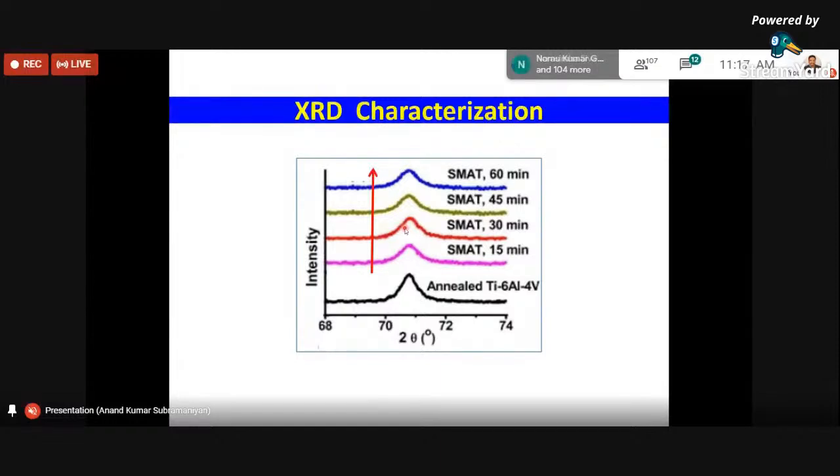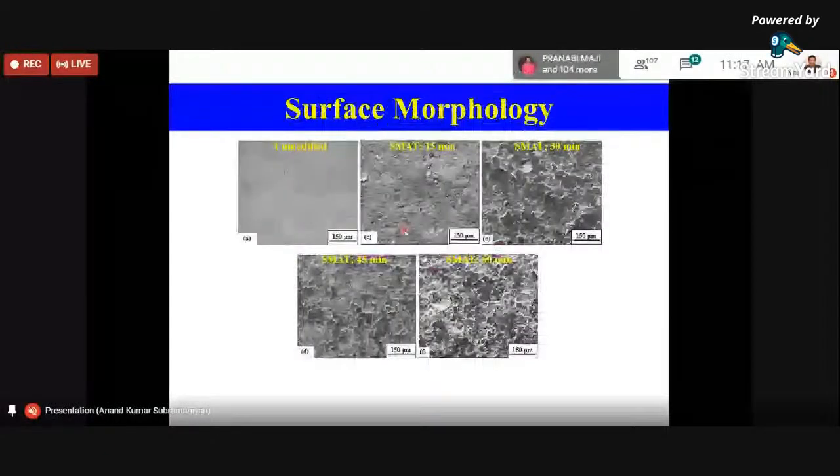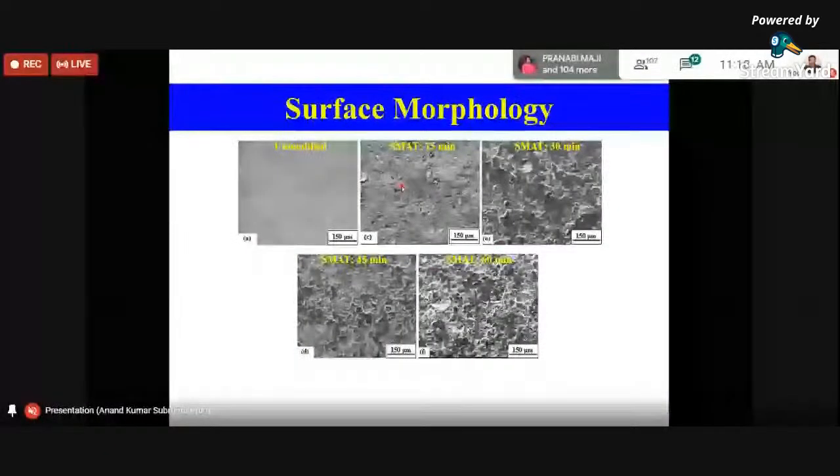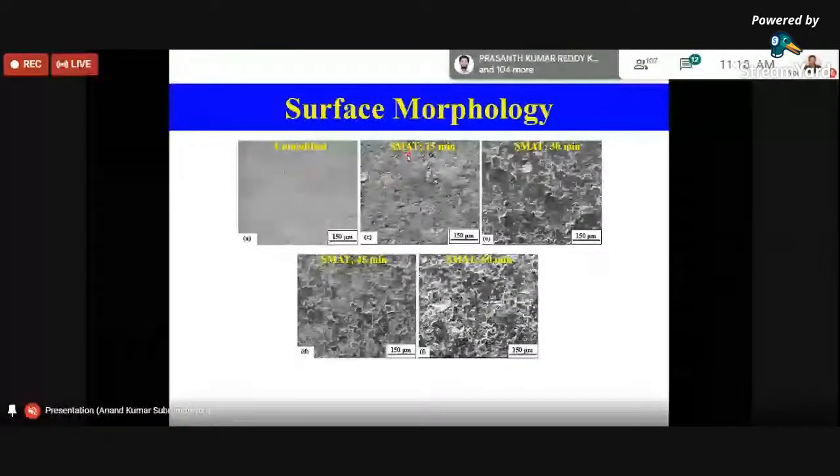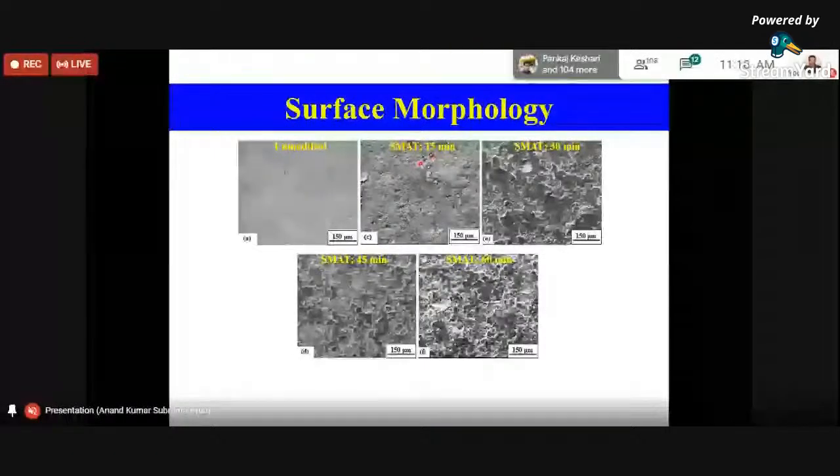And quickly, if we try to look at the surface morphology of this treated sample, one can find that this is the unmodified sample. As you keep doing this SMAT for different treatment durations, the fresh, smooth surface is getting damaged or roughened because of this ball impact.